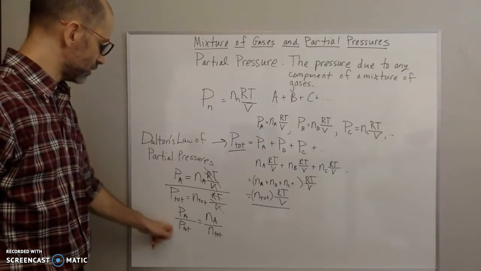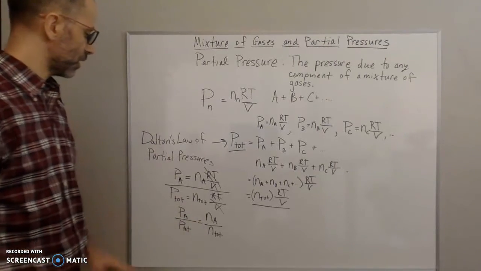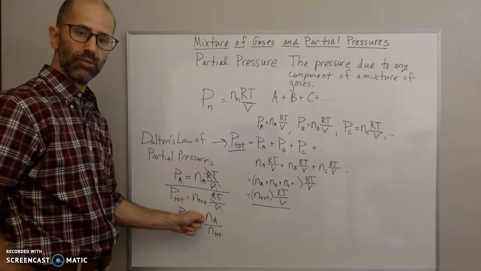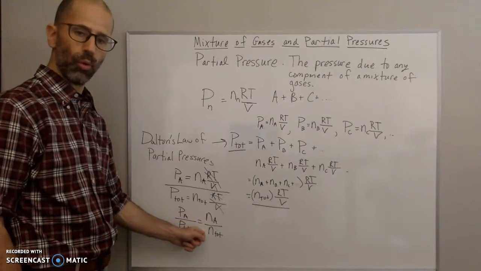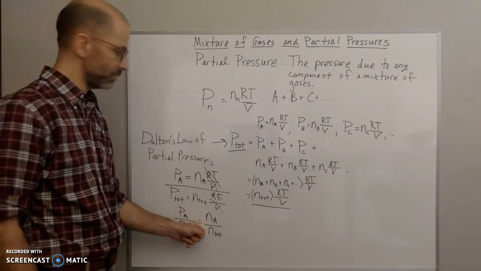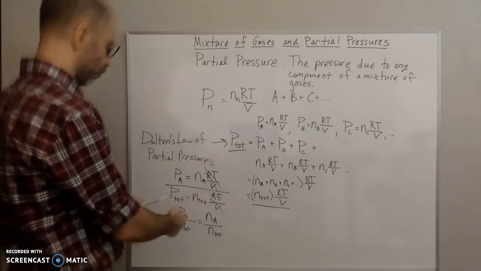And so this is going to be very important because this is moles of your gas A divided by the total moles. We're going to call that the mole fraction. So that's referred to as the mole fraction.